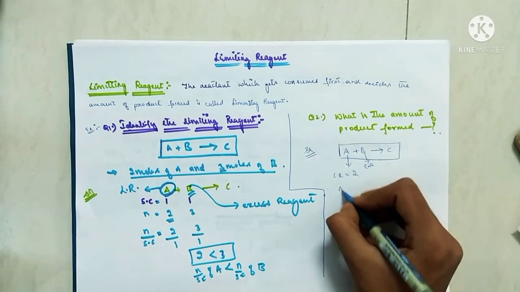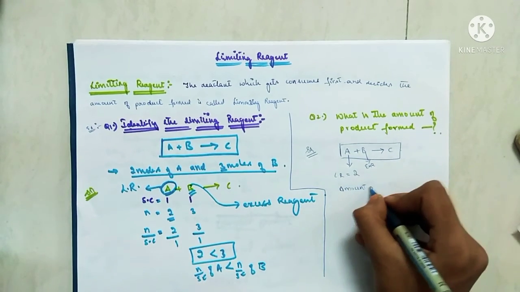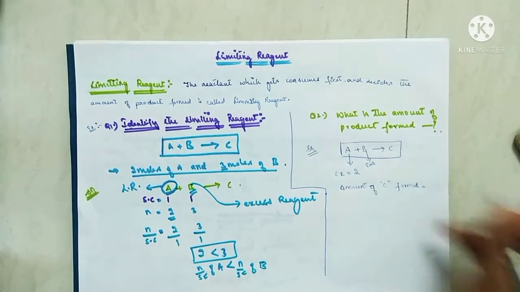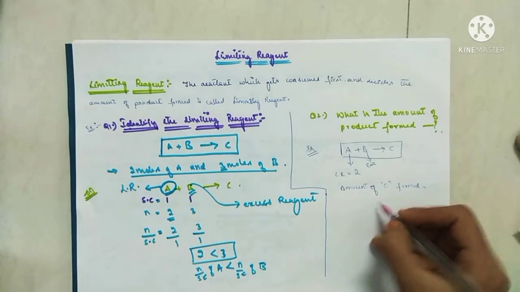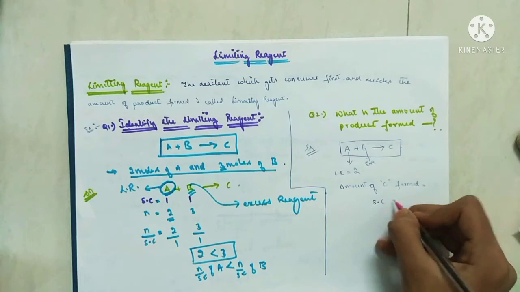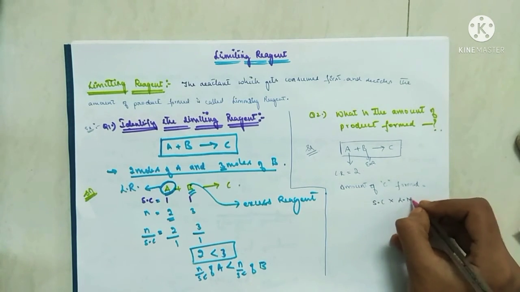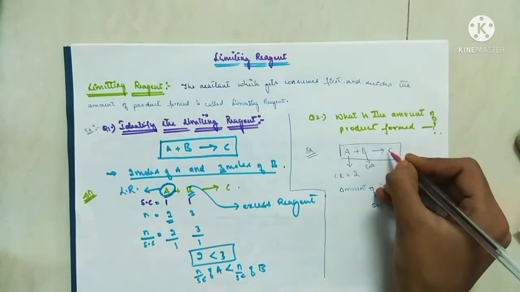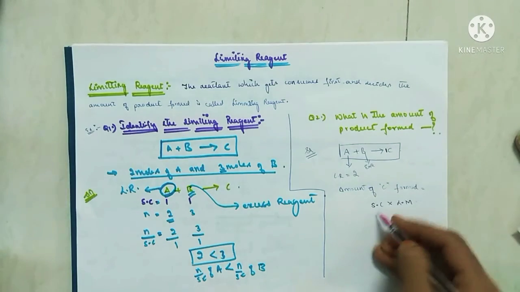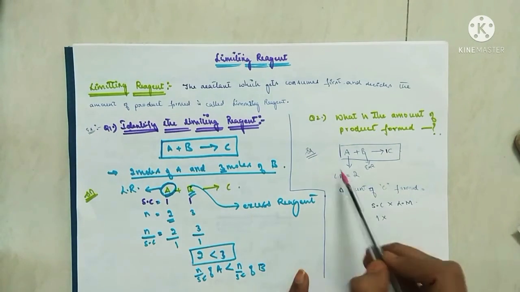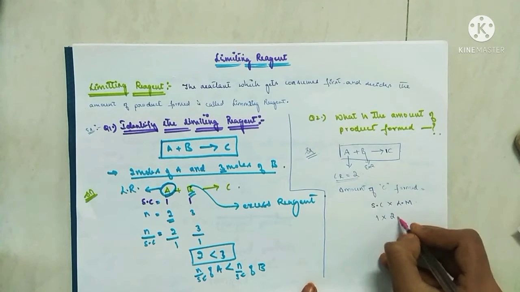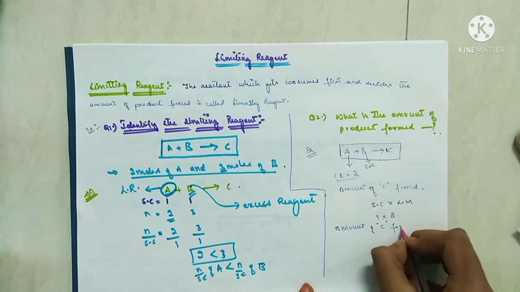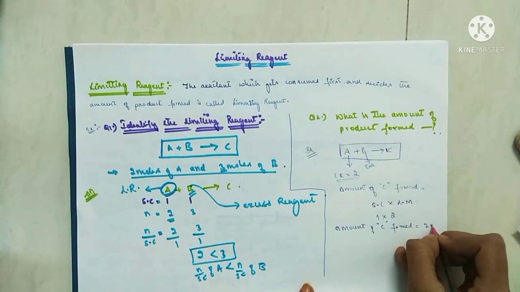Then the amount of C formed will be the stoichiometric coefficient of C times the limiting reagent. The stoichiometric coefficient of C is 1, so 1 into 2. So the amount of C formed will be 2 moles.